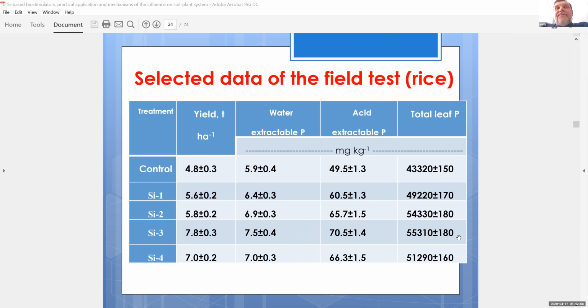So this is the indirect effect of silicon fertilizer on plant nutrition, through transformation of plant-unavailable phosphorus to a plant-available form. Next.